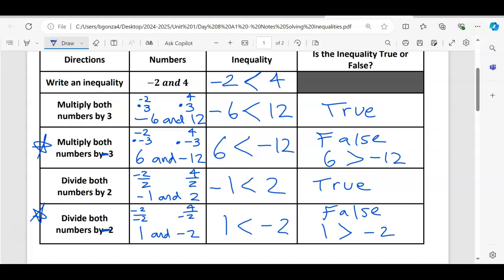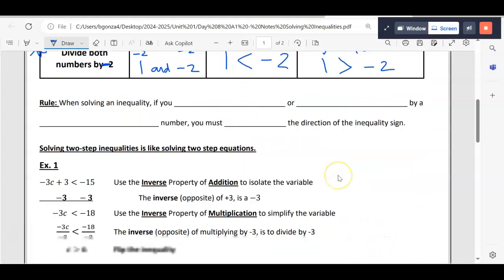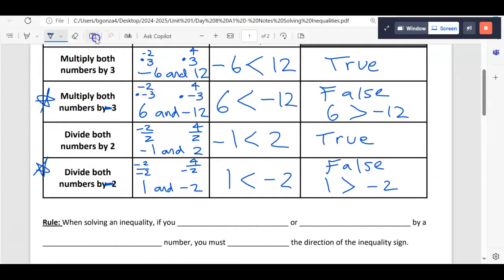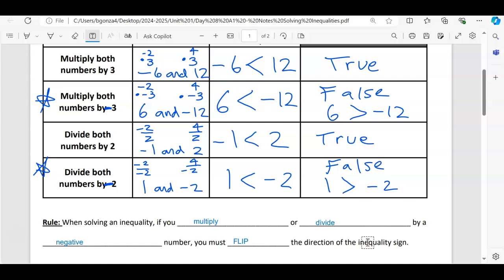So what we're going to do is make a little plan, or a little rule, I should say. Okay, let's go ahead and write this down. When solving an inequality, if you multiply or divide by a negative, you must flip the direction of the inequality sign.